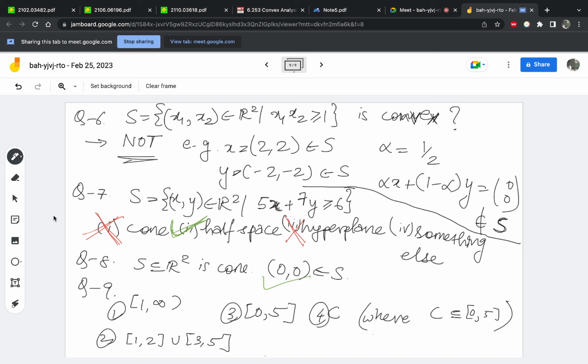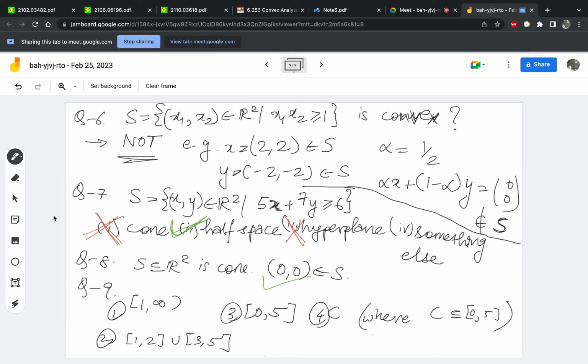Okay, so what about the first one? What are the characteristics of a polyhedron? Is it a convex set? It should be.